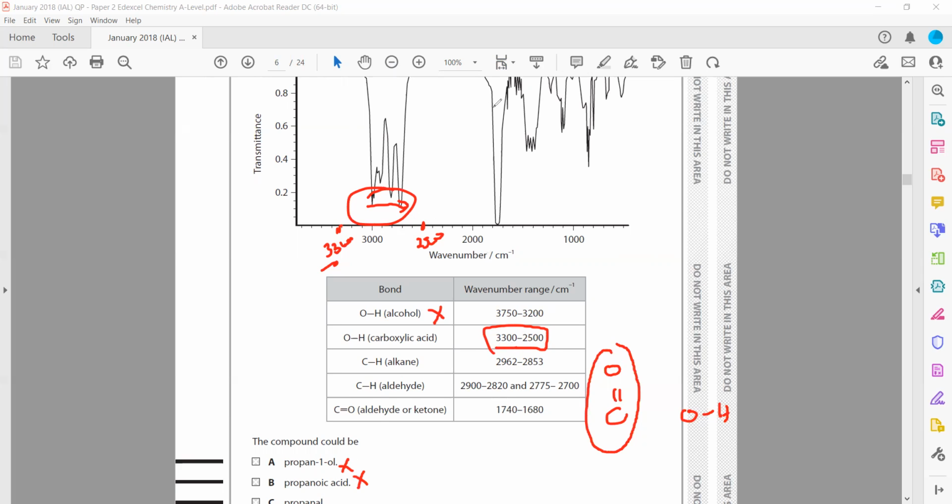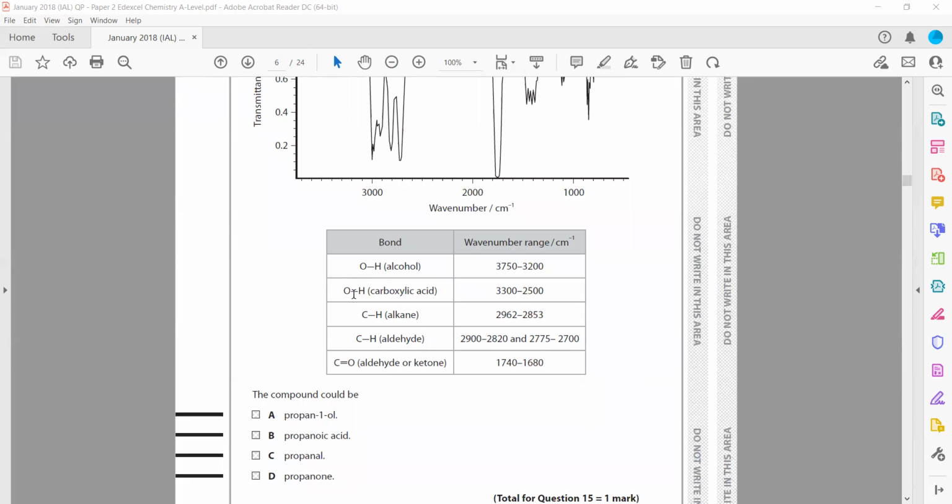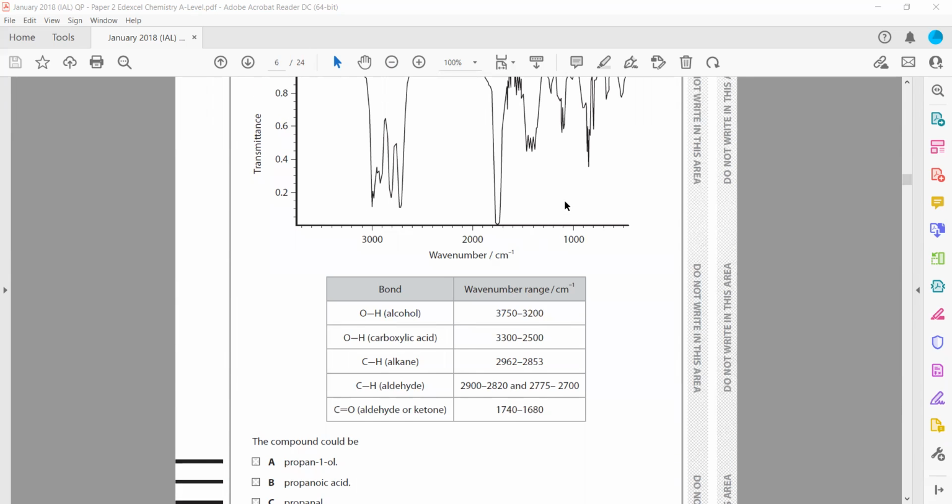So either it will be an aldehyde or a ketone, because those are the two options which are left. If it was an aldehyde, the C double bonded O peak should be from 1,700 to 1,800.